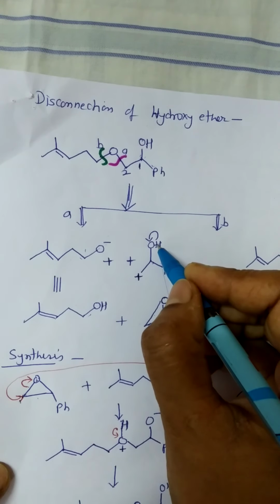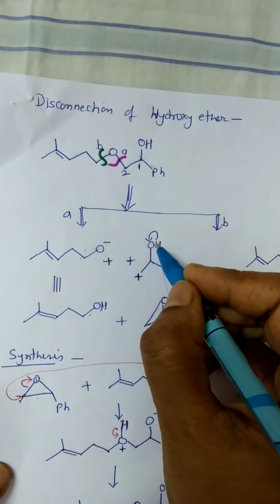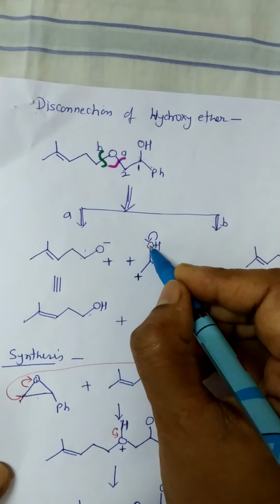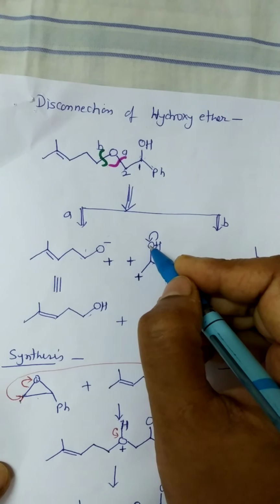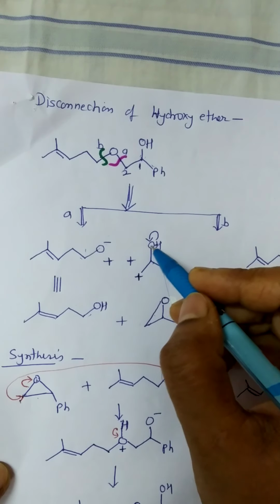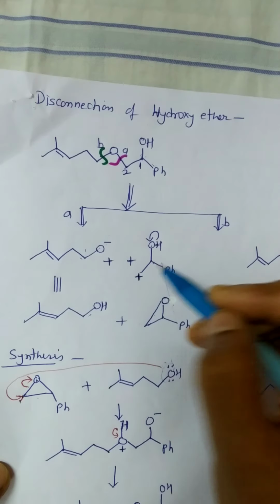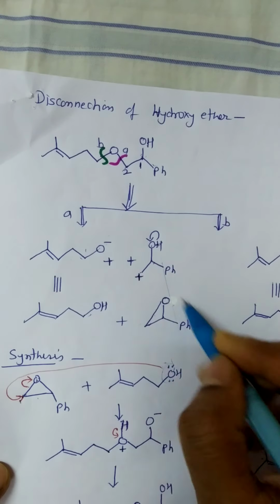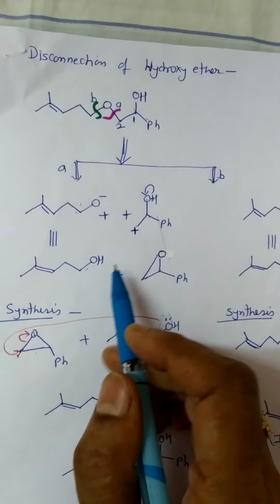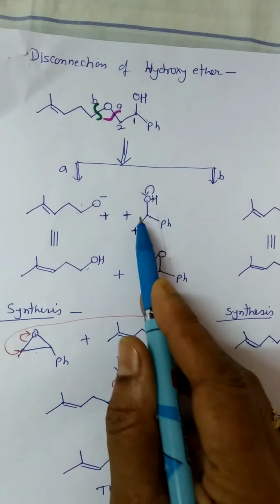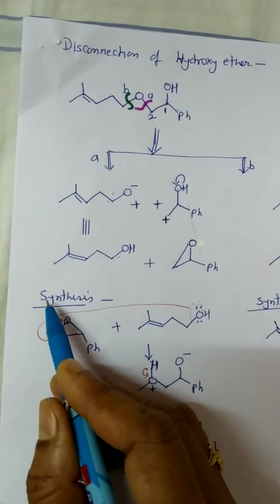By removal of hydrogen from here as a proton and donating the bonding electrons to this oxygen, O becomes negatively charged, and therefore bond formation takes place here between O and CH2 plus, and this epoxide compound is formed. This is the synthetic equivalent of this synthon. Now we see the synthesis.